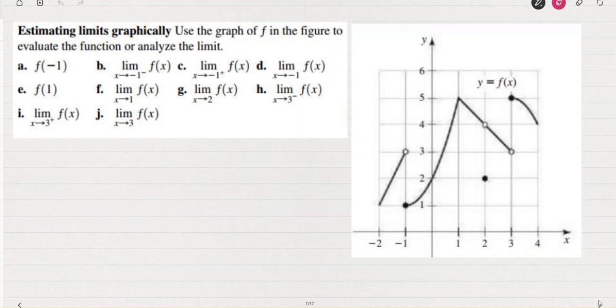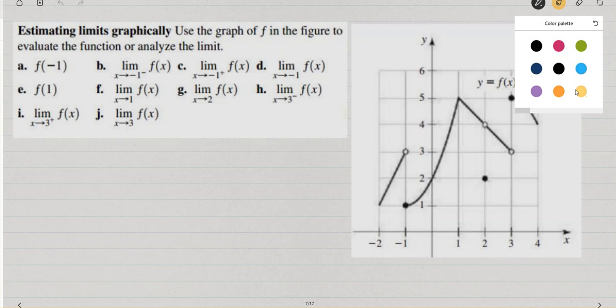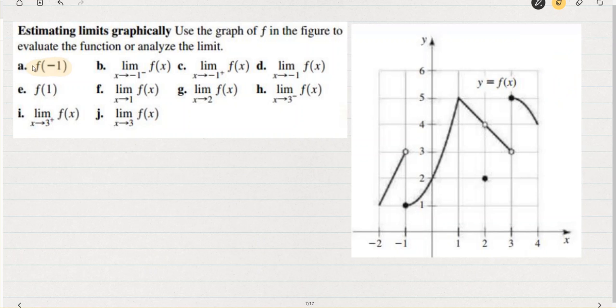Looking at limits graphically, what this means in this example, let me read each one. F of negative 1. That means when x is negative 1, what is the value of the function? F of 1. When x is 1, what's the value of the function? So those are two quick, easy pieces.